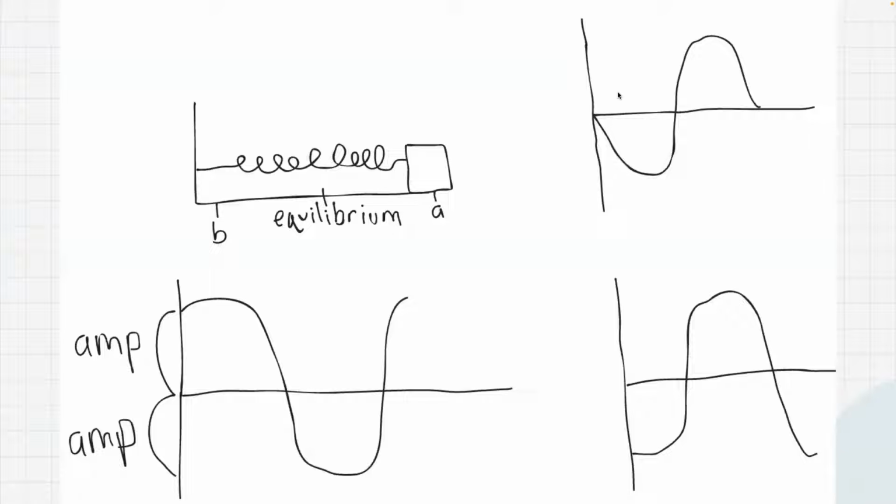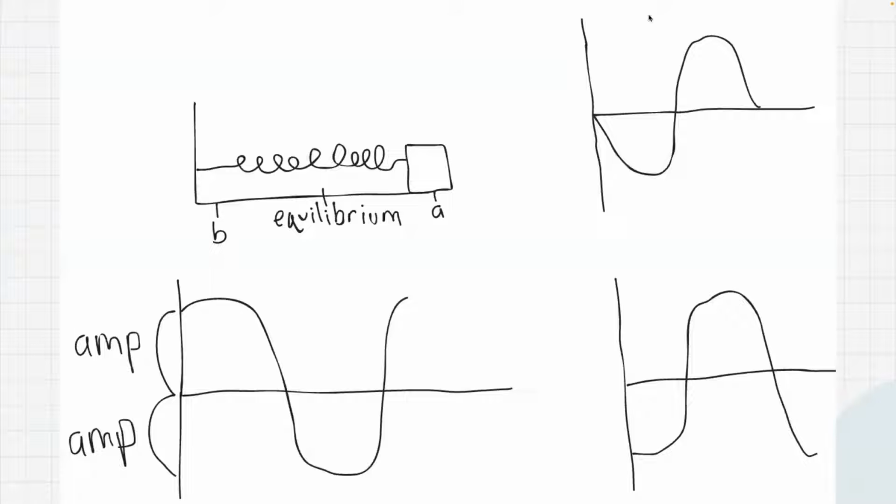So it cannot be this upper one. And that means it has to be this bottom right one. And note how it's the exact opposite of the position graph, in shape at least. This is because acceleration is proportional to net force, and net force is equal to minus kx.